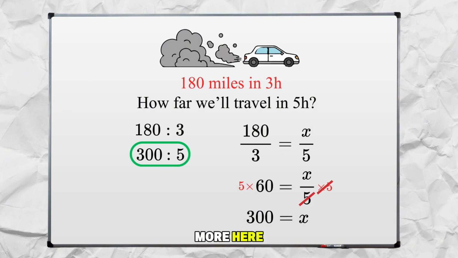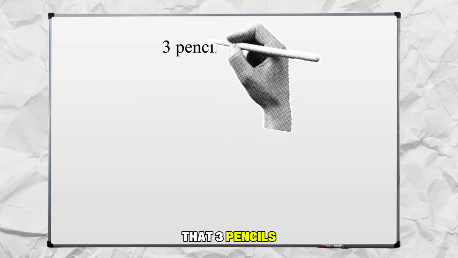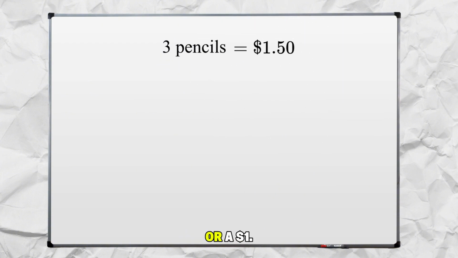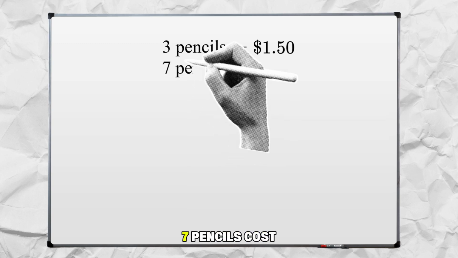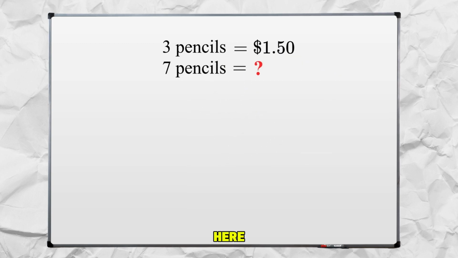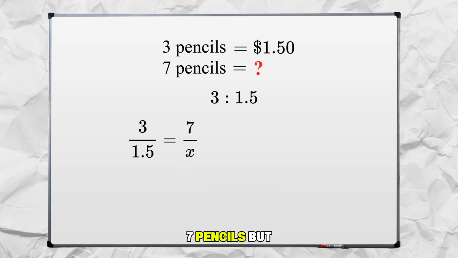Let's do one more here. If 3 pencils cost 150 cents, or $1.50, how much do 7 pencils cost? Let's take a look at this. If I know 3 pencils cost me $1.50, I can set that up the same way we did before. We'll do 3 over 1.5, and the other side is going to equal 7 pencils, but we don't know how much it's going to cost us, so we'll put our x in the denominator here.